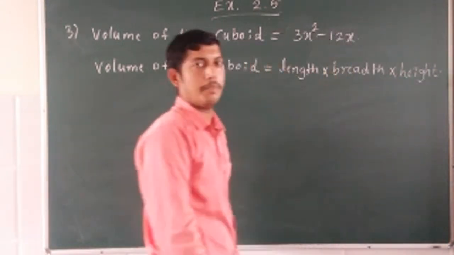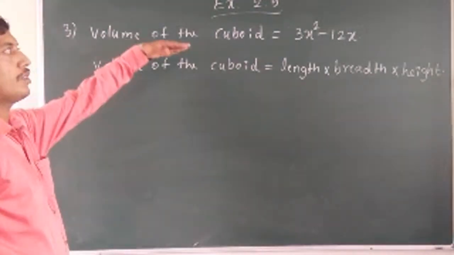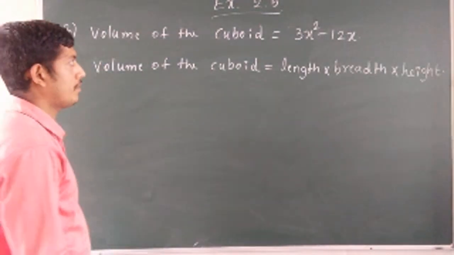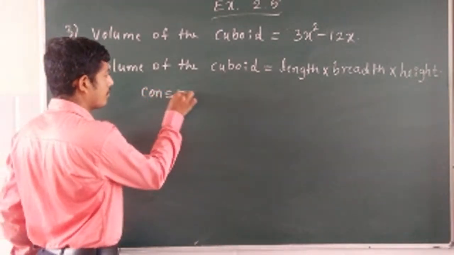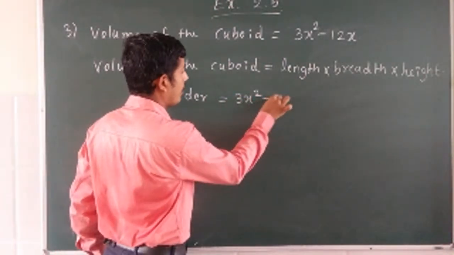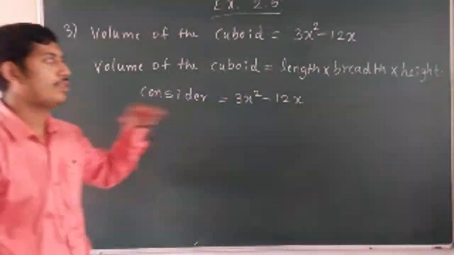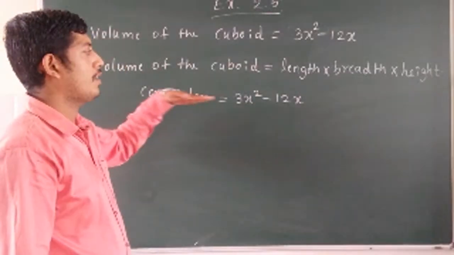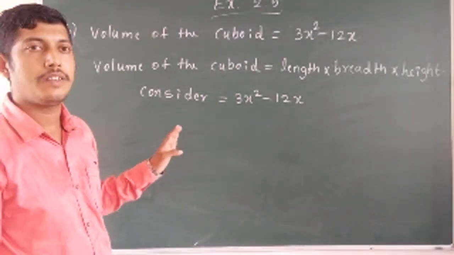Length into breadth into height. Therefore, the volume of the cuboid becomes 3x square minus 12x. Now we will find out the factors.